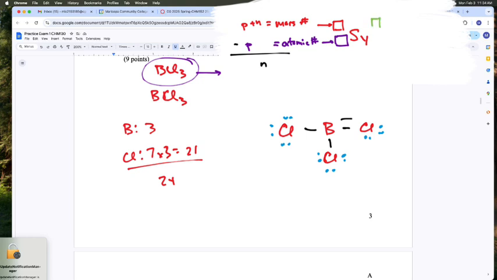What's in the upper right-hand corner now? This is our charge. How do we calculate charge? There's a couple different ways that you can do it. My least favorite way, but it works, is protons minus electrons.